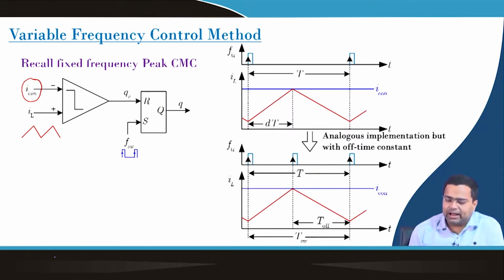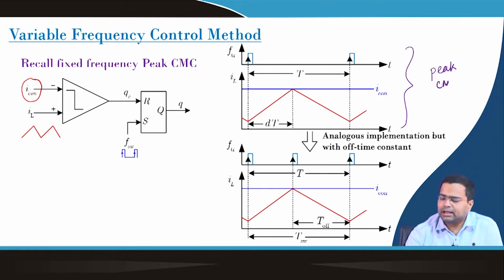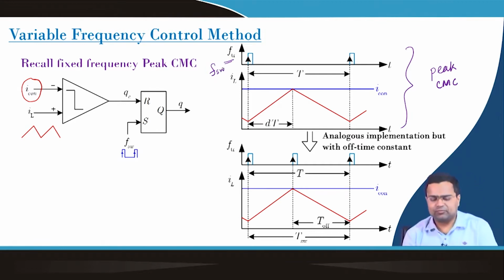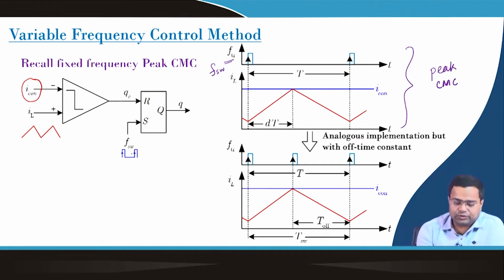Now, if we look at the waveform, the top waveform corresponds to peak current mode control using fixed frequency trailing edge modulation, where this is our external fixed frequency clock, that is a rising edge. Whenever the rising edge comes, the switch turns on, like this pulse.